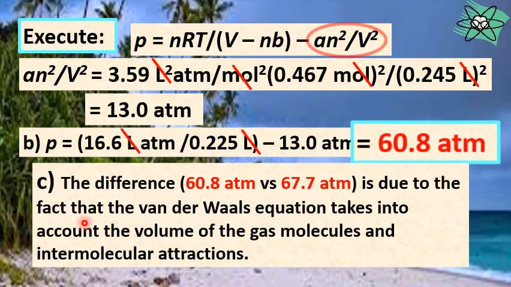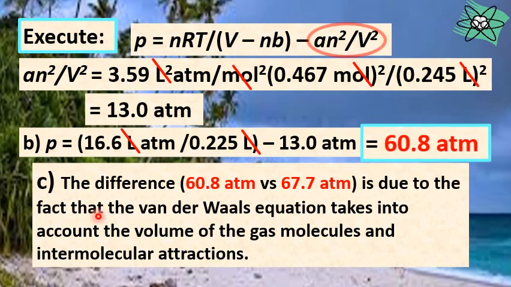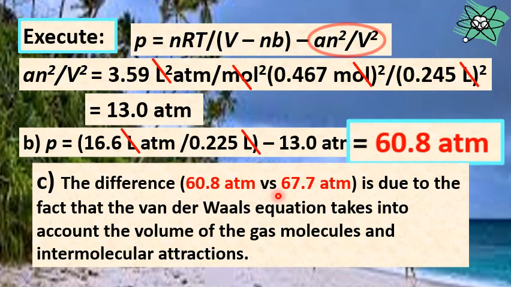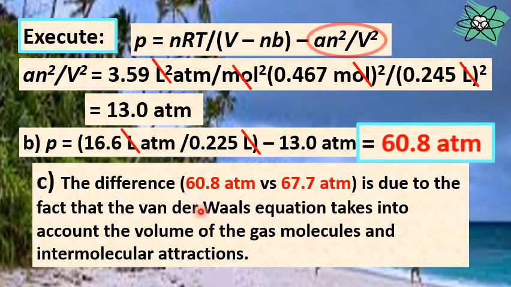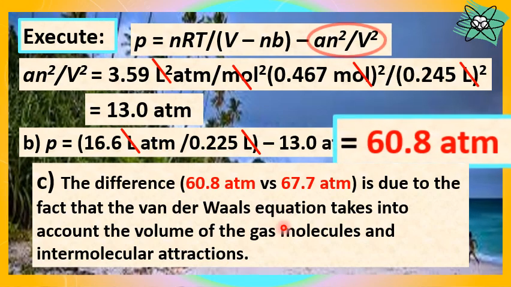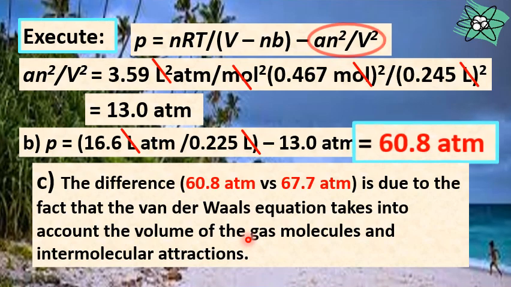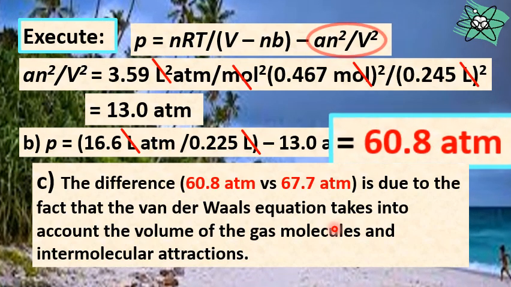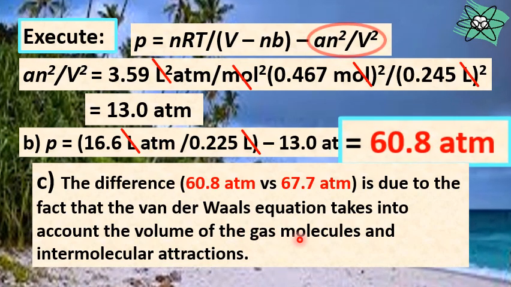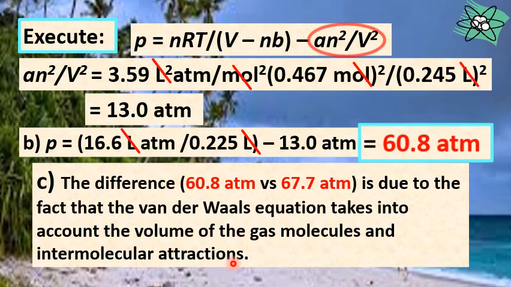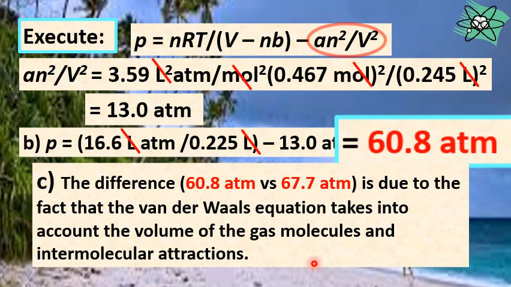And in answer to the additional question letter C, what is the meaning of the difference in the pressure? Well, the difference, of course, is due to the fact that the van der Waals equation takes into account the volume of the gas molecules and the intermolecular attractions, right?